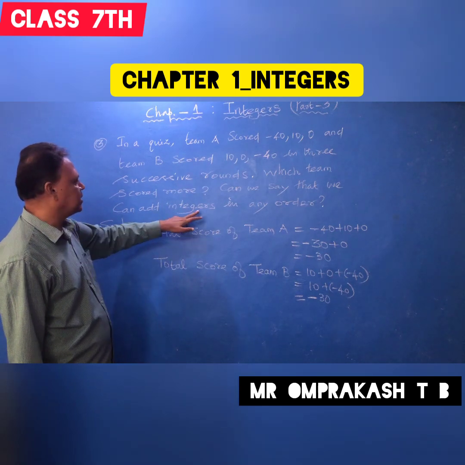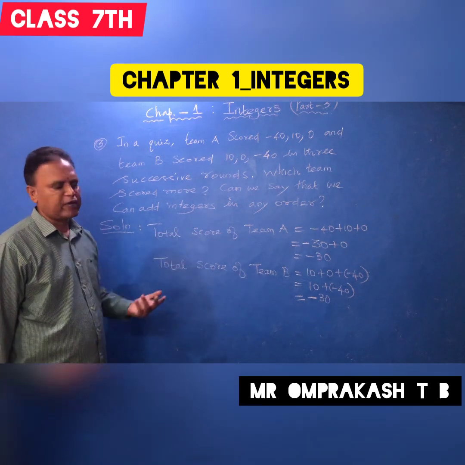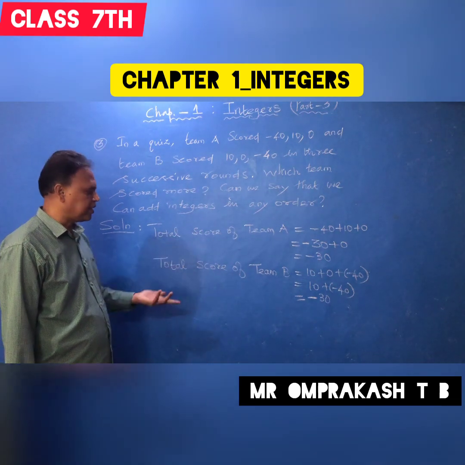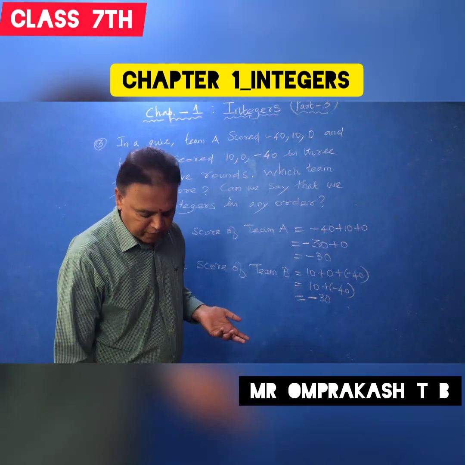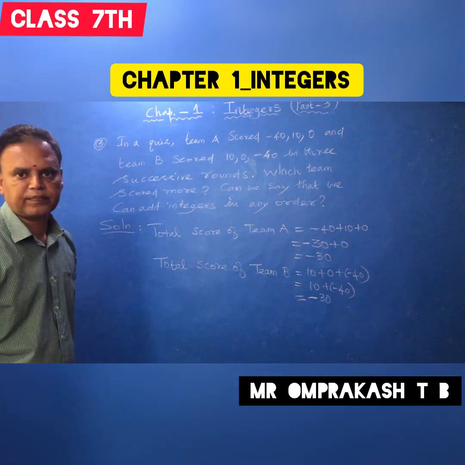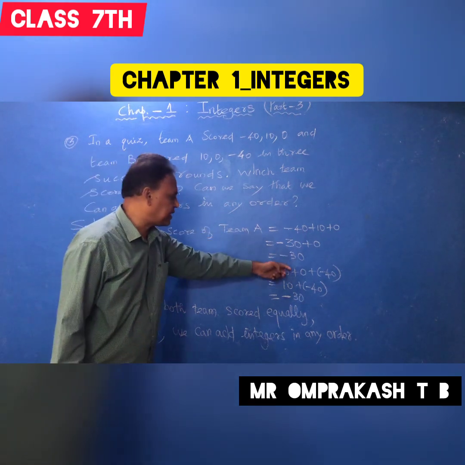Okay. Then can we say that we can add integers in any order? Yes, you can add integers in any order. The same thing you will get, because addition is always commutative. Clear? Therefore, you can add the integers any way. So both the teams scored equally: minus 30, minus 30.